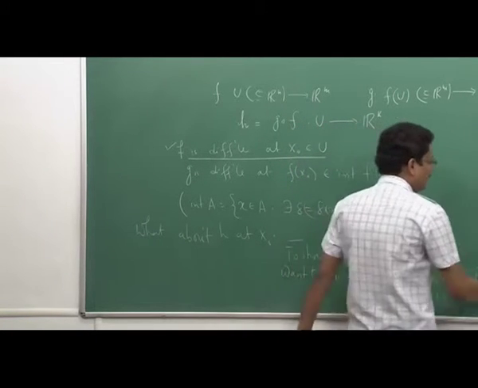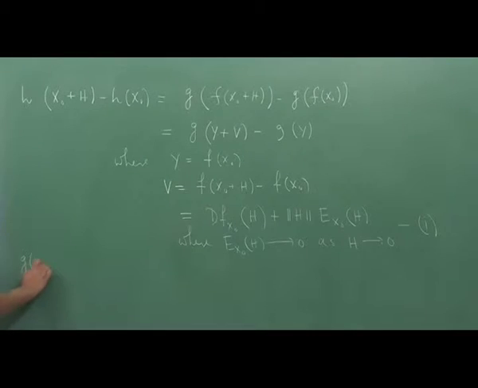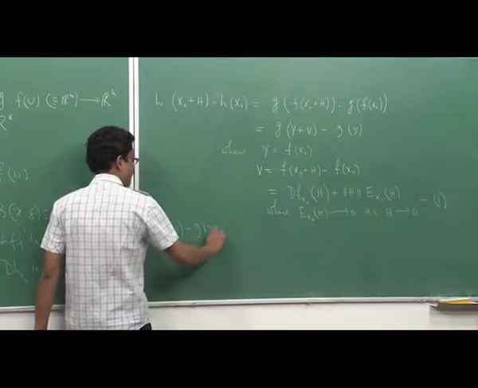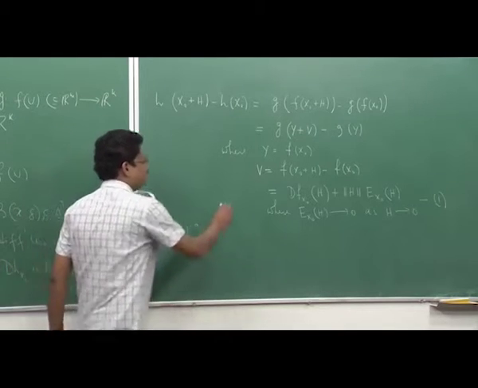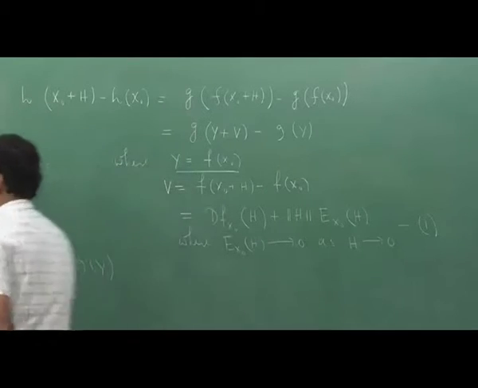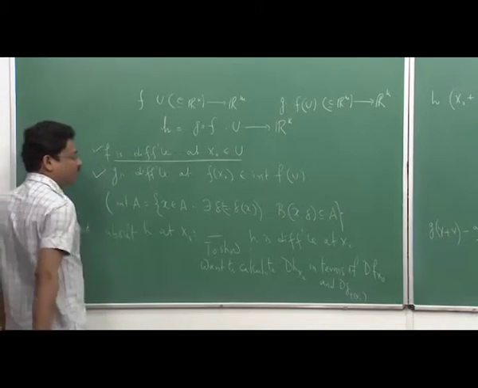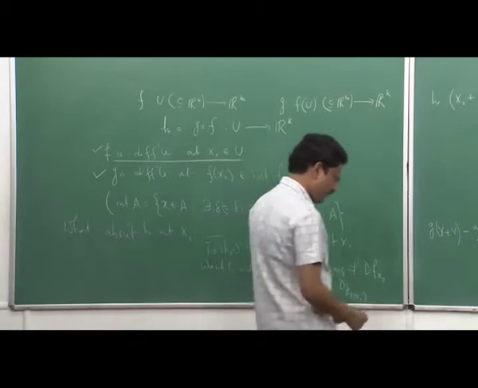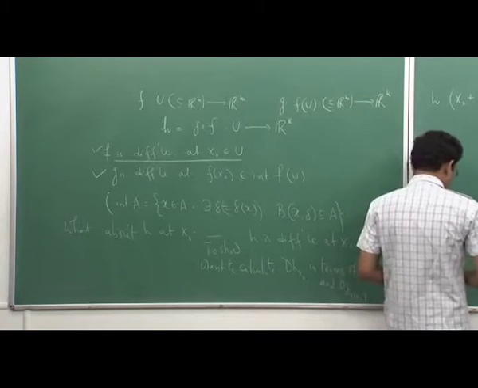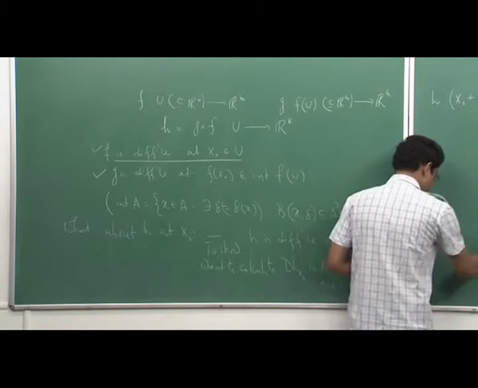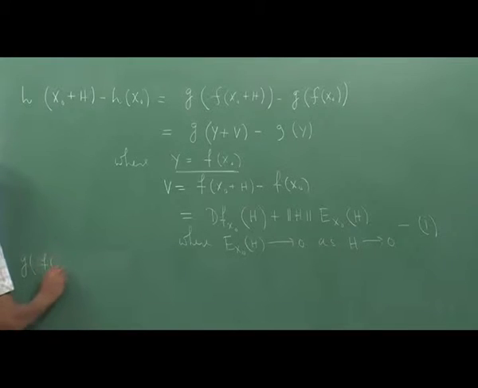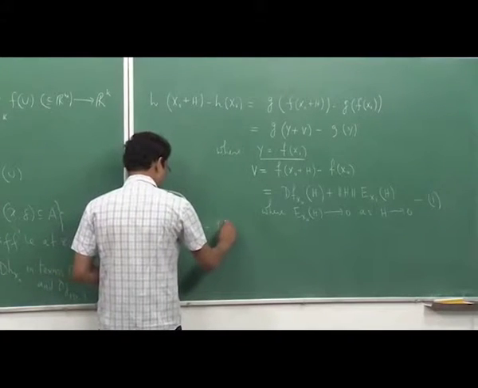Now, g of y plus v minus g of y, where y is f of x naught. g is differentiable at f of x naught, so why not write g of f of x naught plus v minus g of f of x naught.